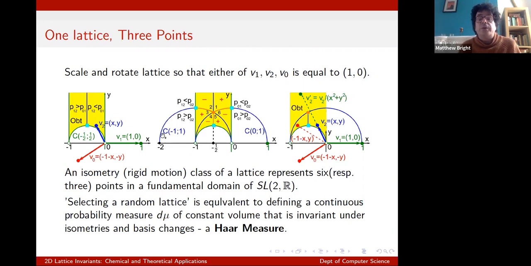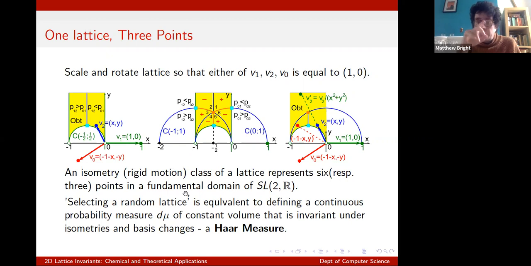By permuting these, you can have three points in R2 which represent the lattice. And you end up with a representation of this fundamental domain from the geometry of the lattices.